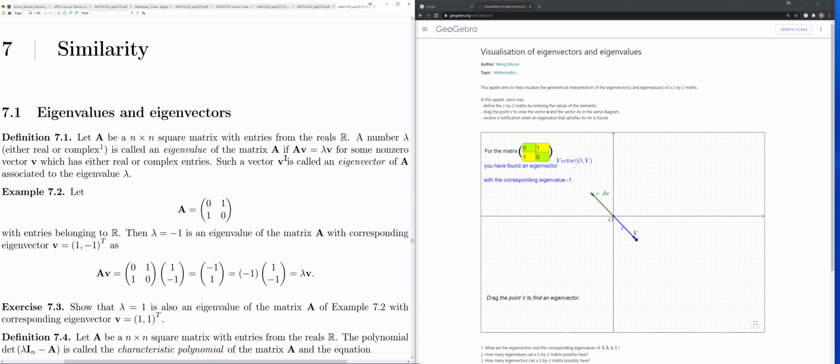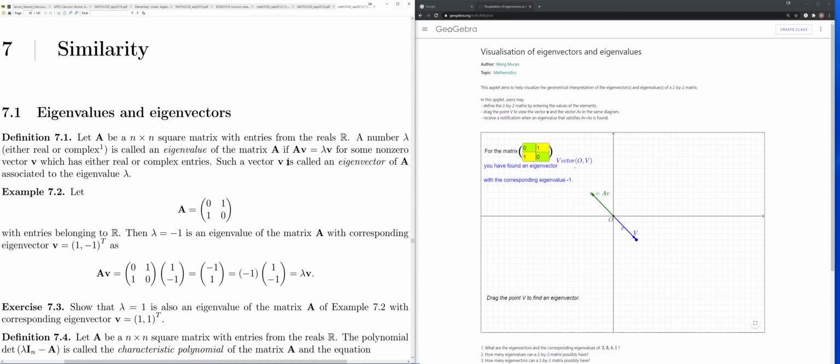So this is what an eigenvector is: a vector v that satisfies the condition Av is equal to lambda v. The image Av is equal to lambda v, so your lambda v is parallel to your starting vector v.